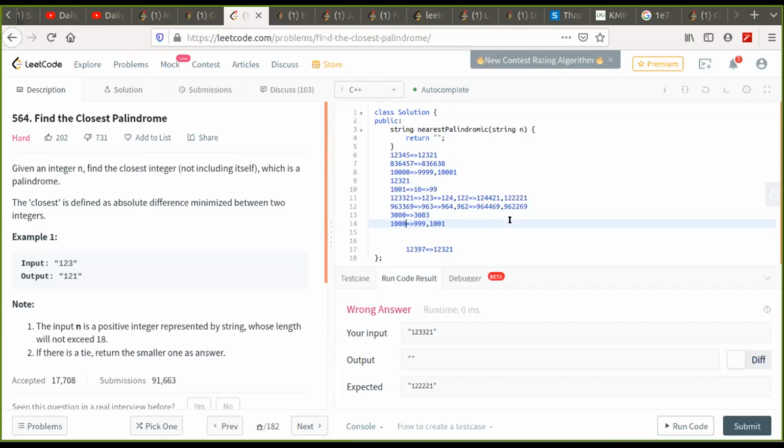So either we need to explicitly tell the computer to handle such cases, or if the difference is equal, then we need to take the smaller one. In this case, we have the absolute difference of one for 999 as well as for 1001. So we need to take the smaller one, but I'm not sure how we need to tell the environment explicitly to handle such cases where we'll encounter 1,000, 10,000 or so.